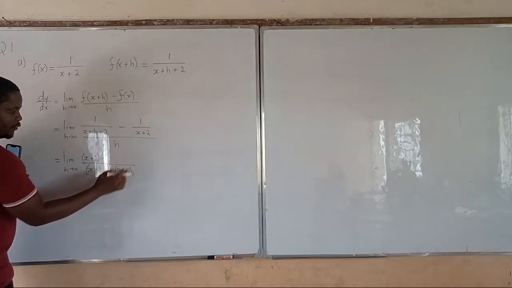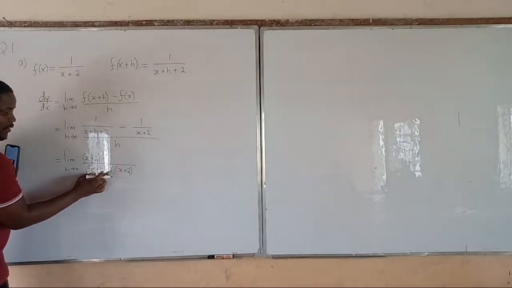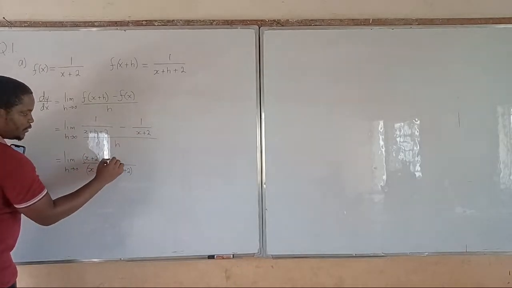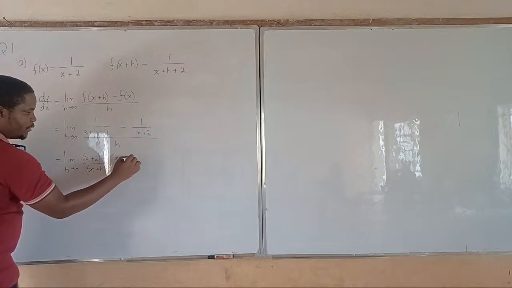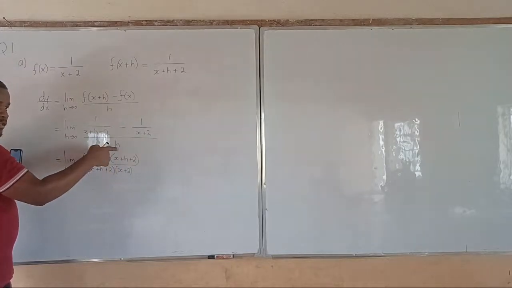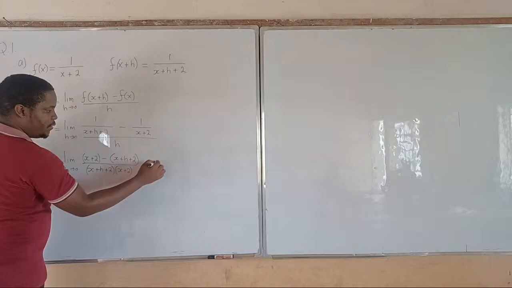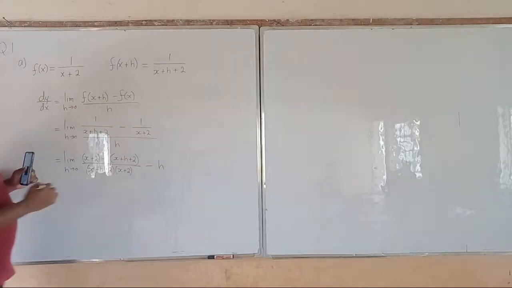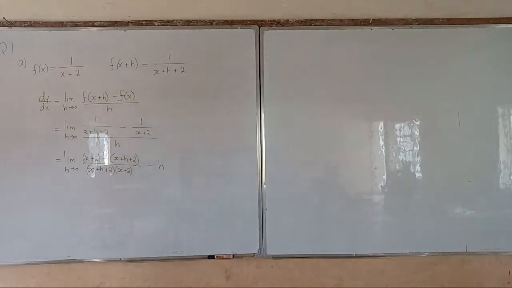Minus this into this, we get this bracket. This bracket times 1, we get x plus h plus 2. Remember, there's this h, so we can say divided by the same h. We haven't used it yet.